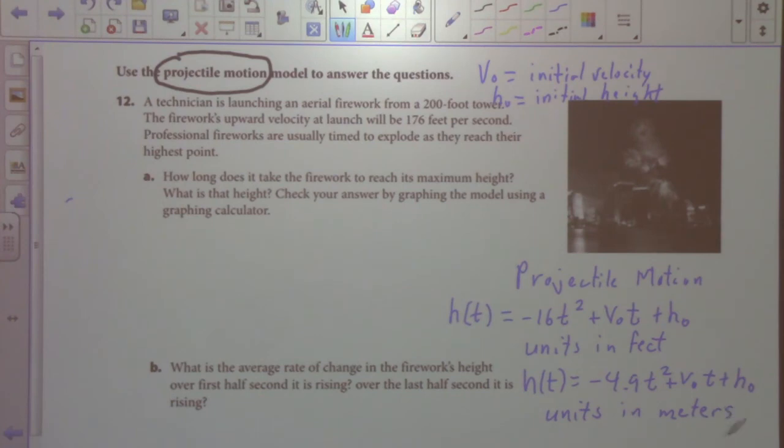Now, is the gravitational pull constant everywhere on Earth? No, it is not. Why is the gravitational pull not the same everywhere on Earth? What would you say, Marcus? Elevation, right? Does elevation make a difference? Yeah.